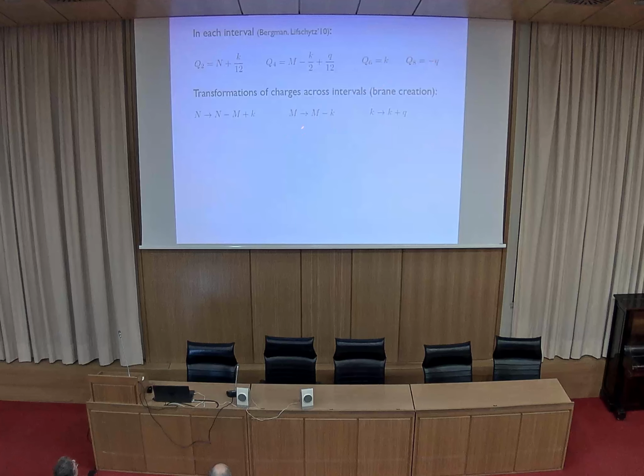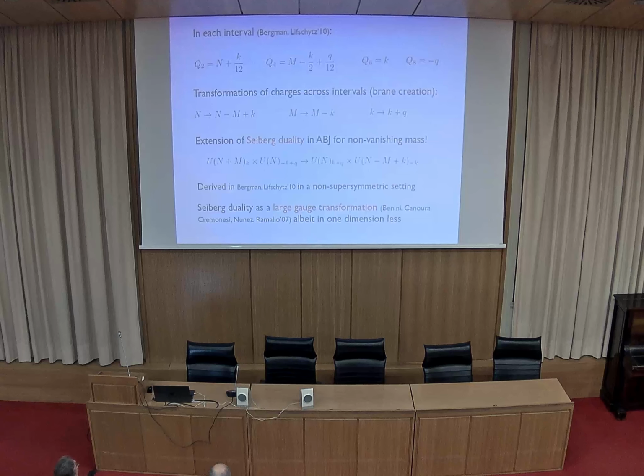And this rings a bell, because this is no other than the realization of Seiberg duality in the case in which you have a non-vanishing mass. This was proposed by Bergman and Lifschytz in a non-supersymmetric setting, because they introduced the D8 branes in a way in which the whole intersection was non-supersymmetric. The D8 branes were treated as probe branes.